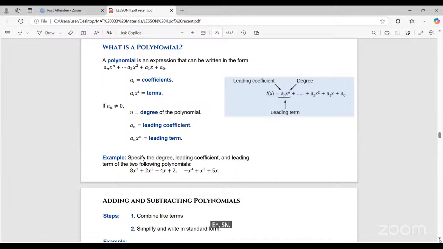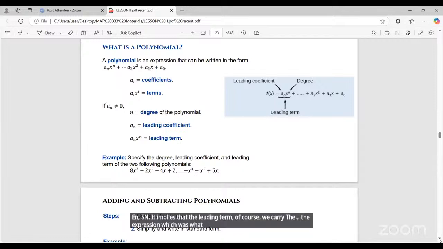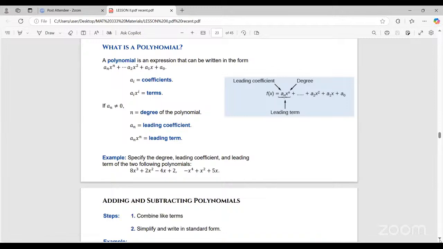It implies that we carry the expression with the highest power. So for that example, minus x to the power 4 plus x squared plus 5x, the leading term will be minus 1 x to the power 4.